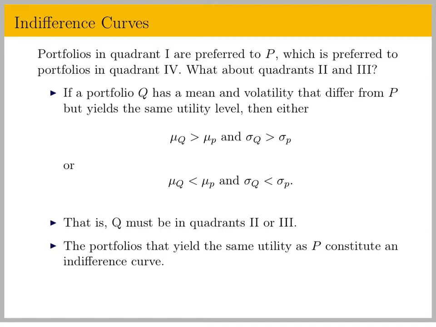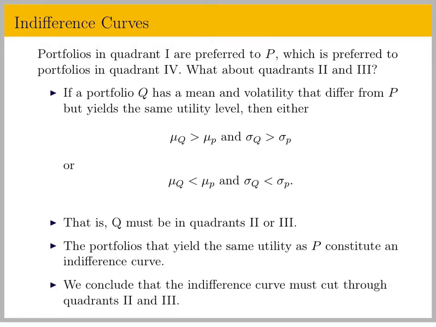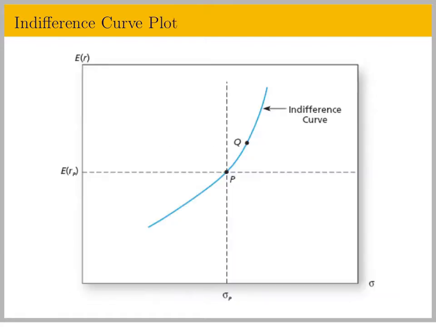If we map out all portfolios like Q that yield the same utility as P, that would constitute an indifference curve. We conclude that indifference curves must cut through quadrants 2 and 3, because any portfolio like Q that yields the same utility as P must be, by our arguments, in quadrants 2 or 3.